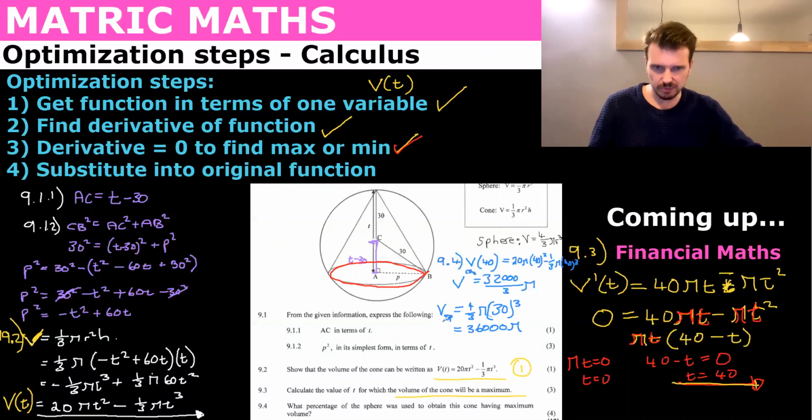And of course, it's the percentage of the sphere. So what I'm going to do is say 3,200 over 3 pi divided by 36,000, because that's the total volume that it could fill if it was to fill the whole sphere. Obviously, the pi's cancel. Now I need to get a percentage, so times by 100.